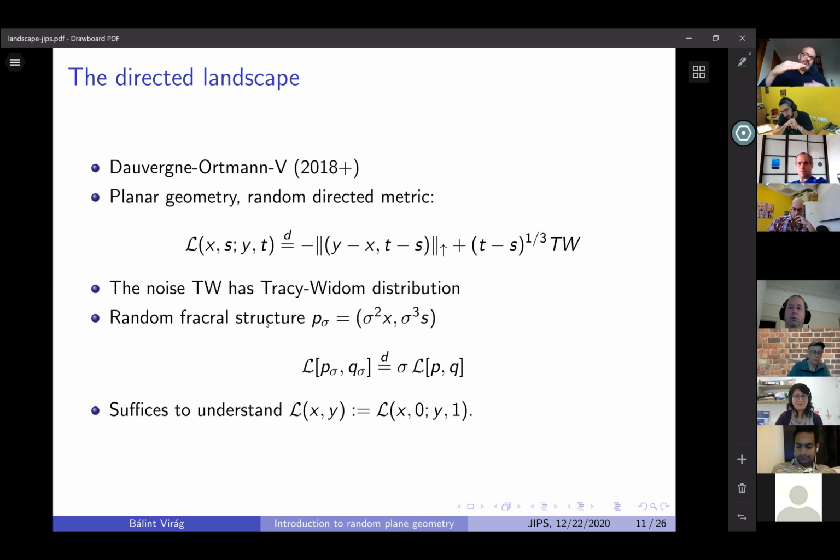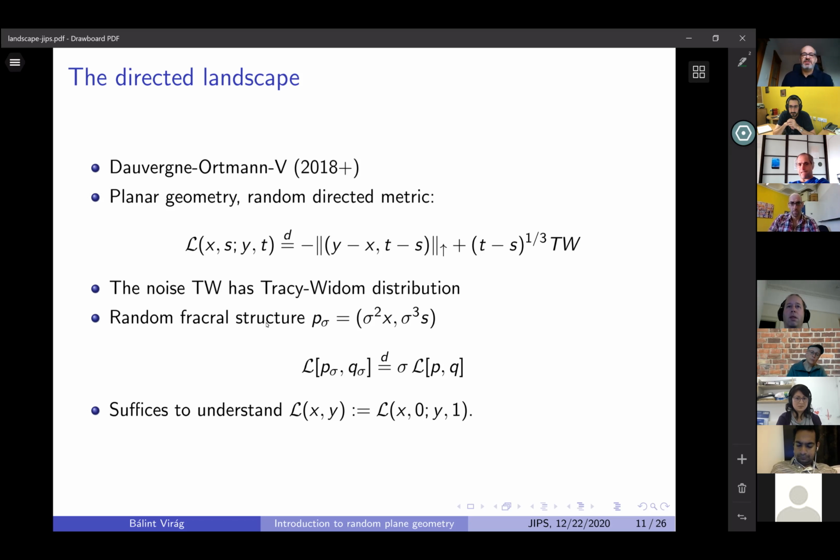These fixed times specify 2 parallel lines, and we understand the distances there. And basically everything else can be put together from that using the fractal structure and independence, just like you put together Brownian motion from normal distributions in the Lévy construction. So this is the thing to understand. The rest of it you can get from scaling. There's some work involved, of course, but this is what I'd like to focus on.